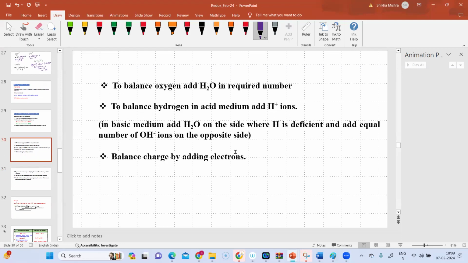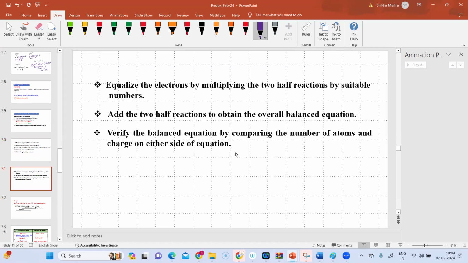Then what we have to do? Then you have to balance the charges by adding electrons wherever required. Then equalize the electrons and add the two half reactions to get the overall balanced reaction. Then you have to verify whether the reaction is balanced or not.